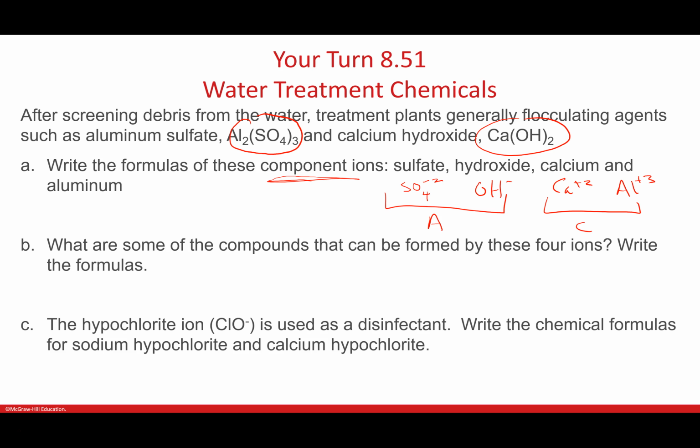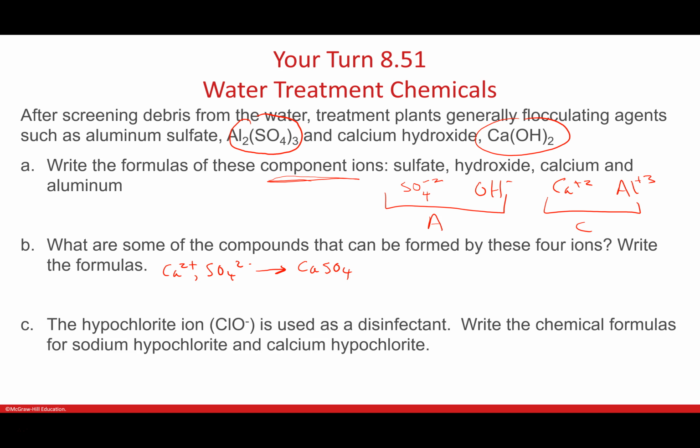Yep, Ca, and we usually go cation first, so it'd be CaSO4, perfect. Yep, you got it. So Ca2+, I'll put comma, SO4 2-. You combine those two together and you're going with CaSO4. I agree.